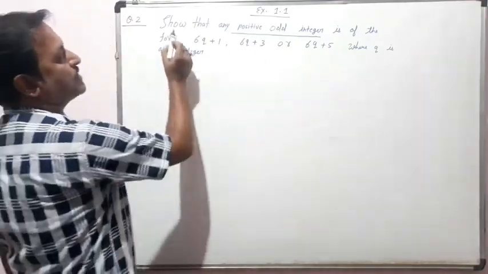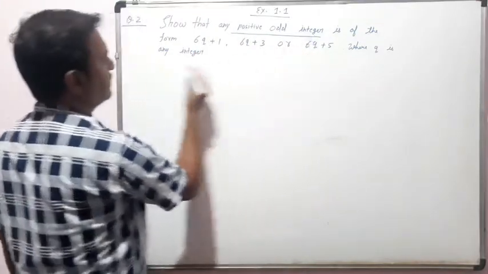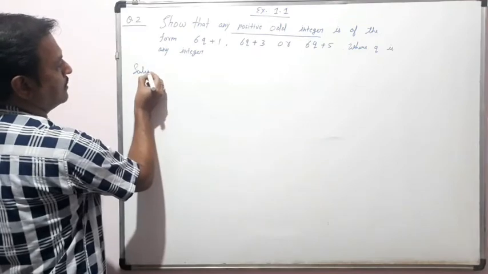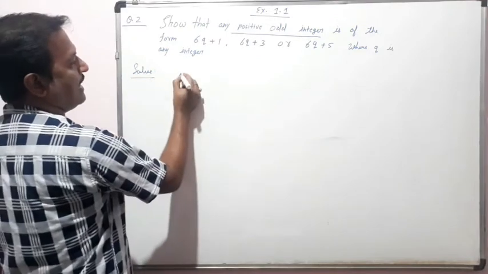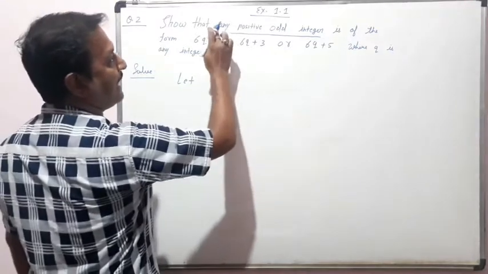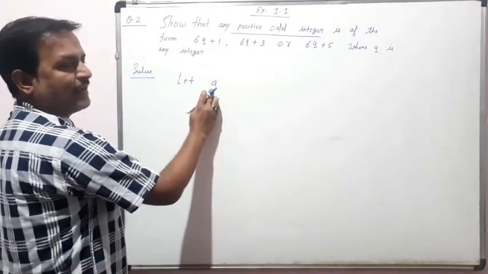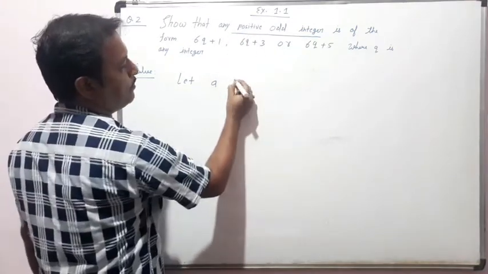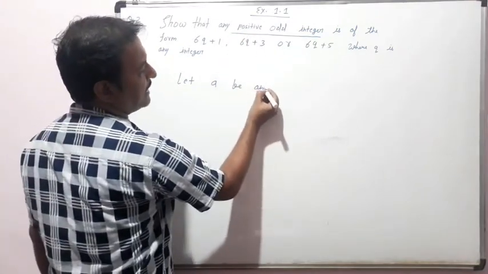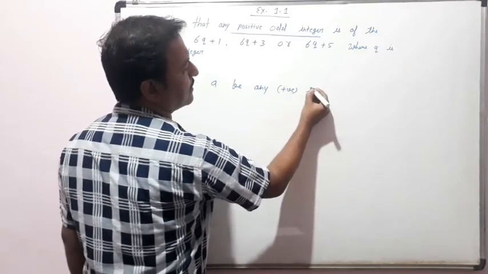So the question is: show that any positive odd integer is of the form 6q plus 1, 6q plus 3 or 6q plus 5. So let a be any positive integer.